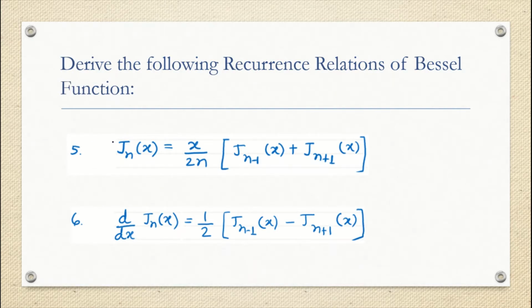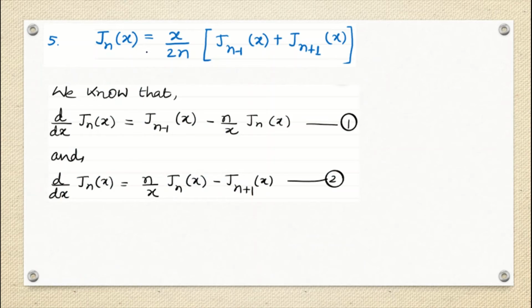The fifth recurrence relation says that J n x is equal to x by 2n into J n minus 1 x plus J n plus 1 x. To prove this fifth recurrence relation, we are going to take help of recurrence relation 3 and recurrence relation 4. The sixth recurrence relation also we will prove with respect to these two.